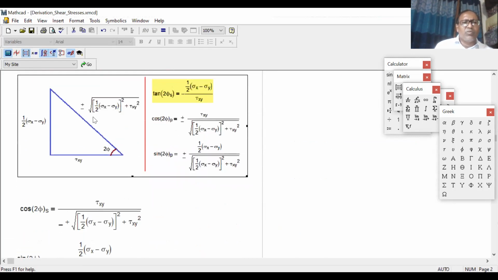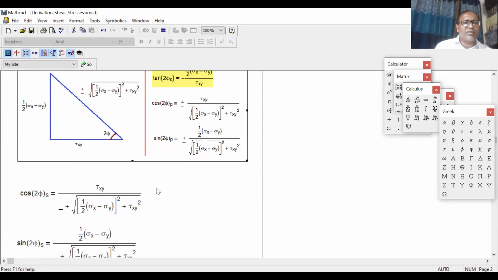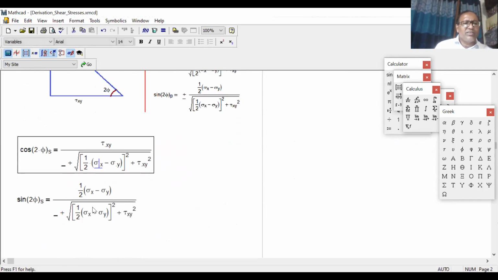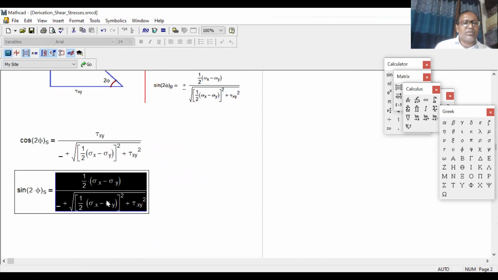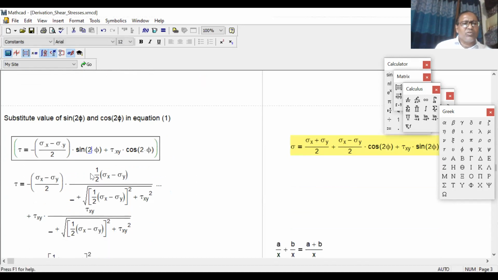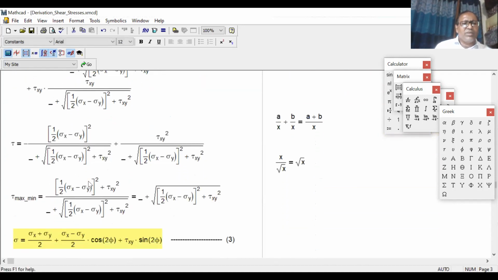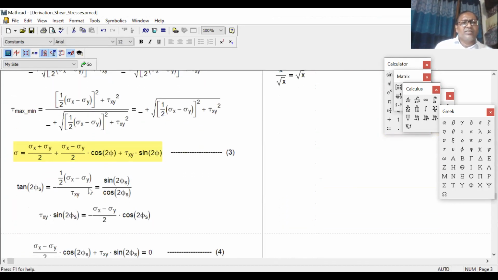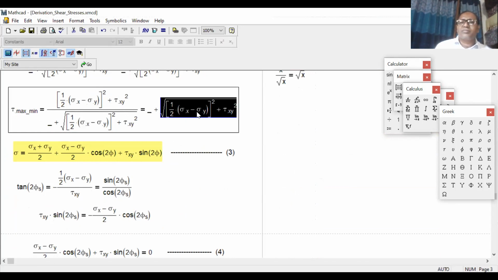We did this one before. Actually, right over here, this will be phi s. By mistake, I put phi p over here. So this is cos phi s, equal to this one, and sin phi s equal to this one. These two values we put over here, and after simplification, we get this formula.